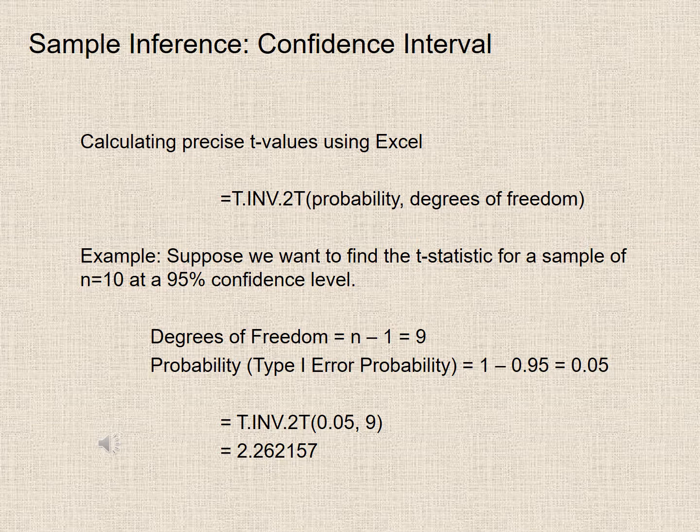We calculate this by subtracting our desired confidence probability from 1. Because we are interested in a 95% confidence level, here it would equal 0.05. To get our test statistic in Excel, we would put 0.05 and 9 inside the parentheses of the function separated by a comma, giving us a t-value of 2.262.